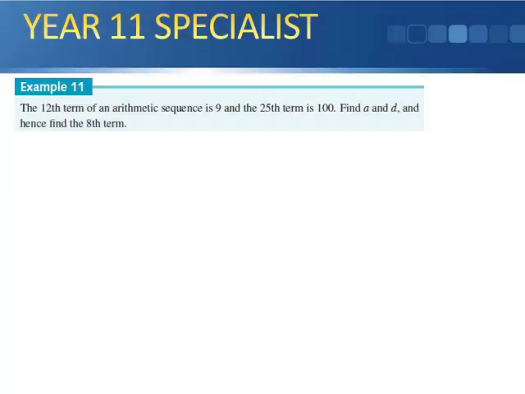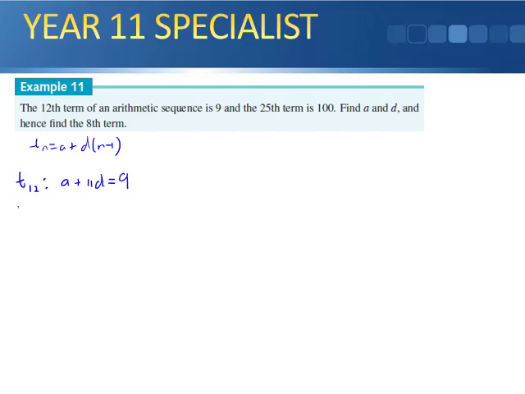Example 11. The 12th term in our arithmetic sequence is 9. The 25th term is 100. Find a and D, and hence find the 8th term. So again, the general rule, T of n equals a plus (n minus 1)d. This time I know that the 12th term equals 9. So if I put n equal to 12, I get a plus 11d equals 9.